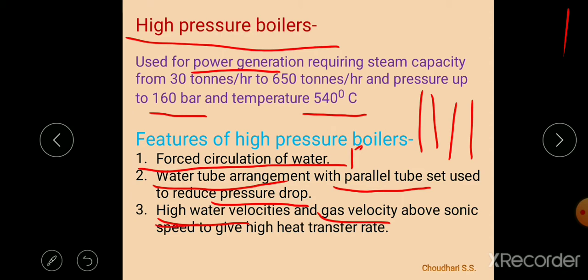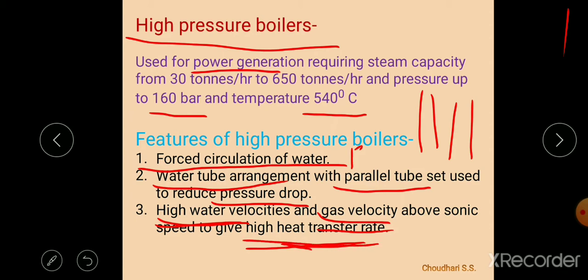So high water velocity and high gas velocity are used. Suppose a fan is used to increase the flow rate of the air. As the air passes over our body, we get more cooling effect, meaning higher heat transfer from the body. So by using higher velocities, we can ensure a high heat transfer rate.